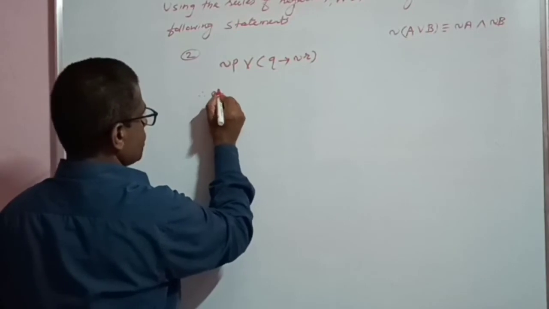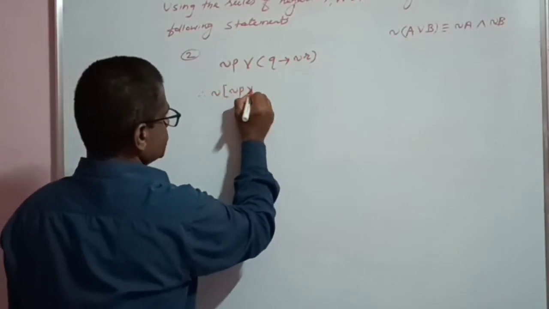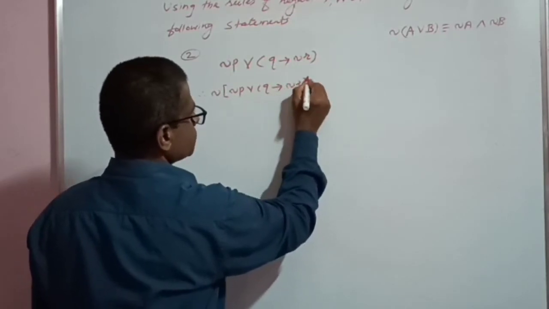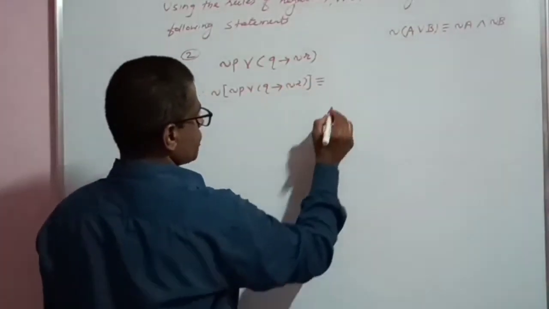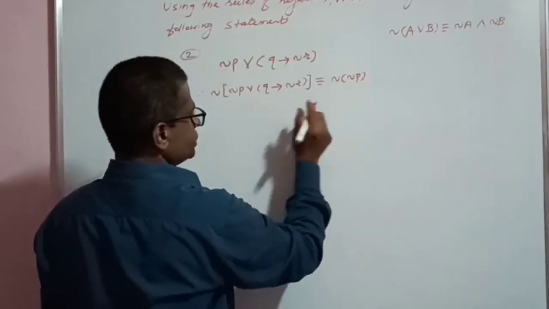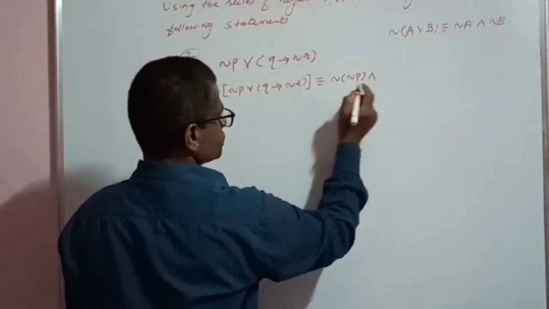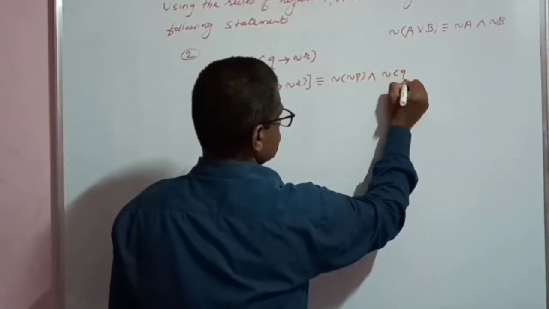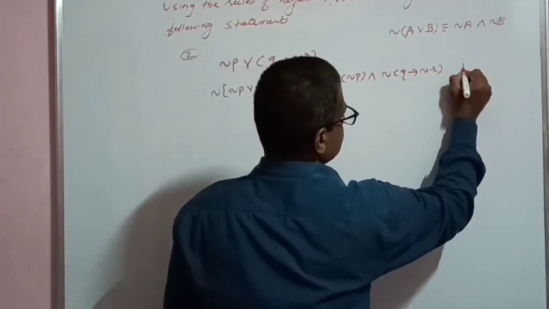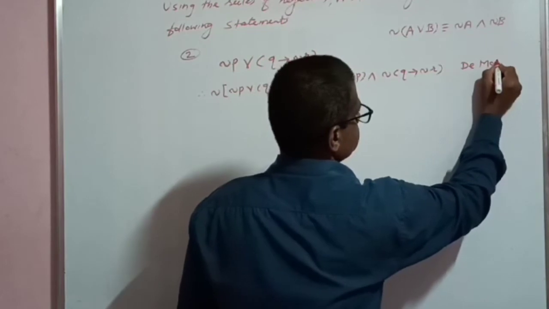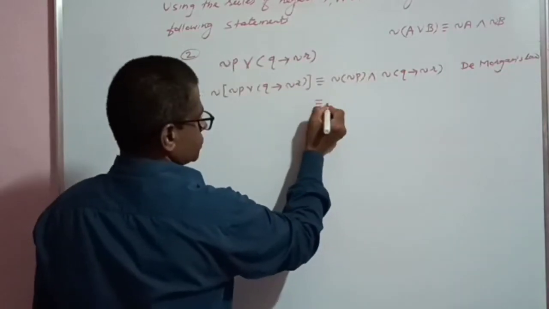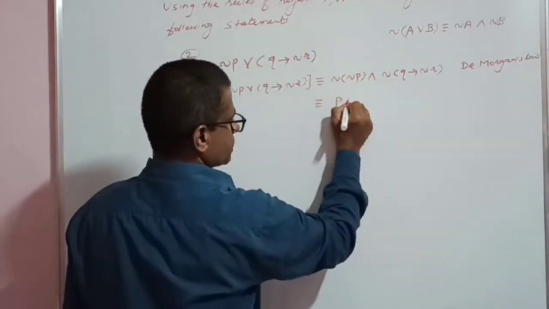So therefore negation of P disjunction Q implication negation of R is logically equivalent to negation of P, disjunction changes to conjunction, and the negation of the second, negation of Q implication negation of R. So De Morgan's law.